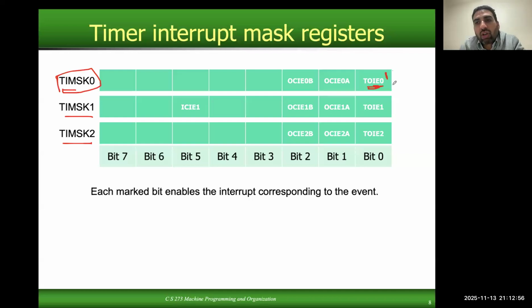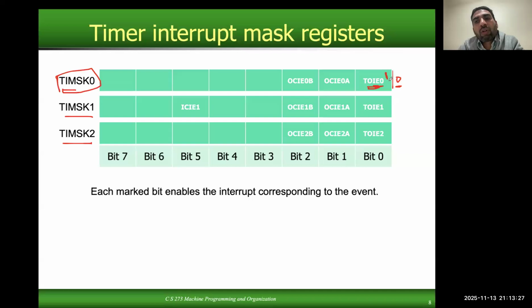But if you write 0, then the interrupt is disabled, which means even if there is an overflow from 255 to 0, your microcontroller will not detect an interrupt. Why? Because you have disabled the interrupt here. So if you have written 0 here, you can use only polling to take care of that overflow event if you want to take care of it.